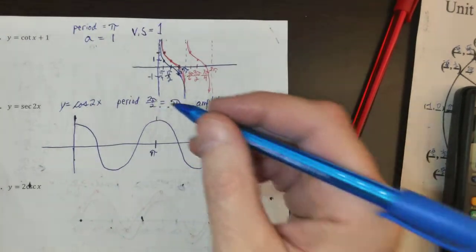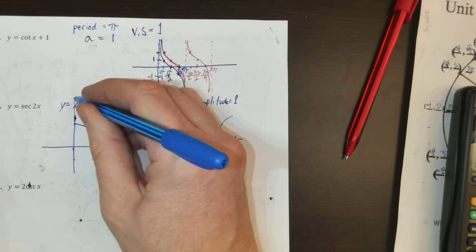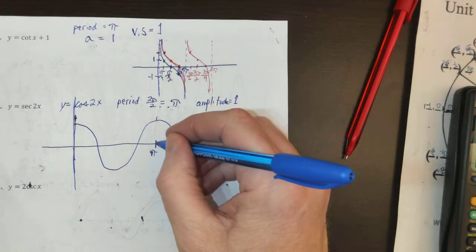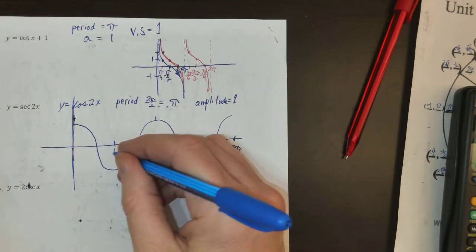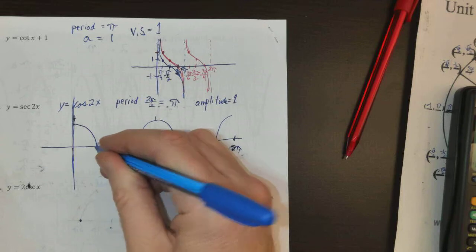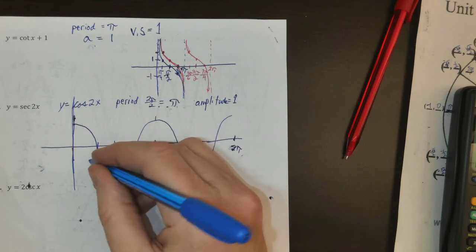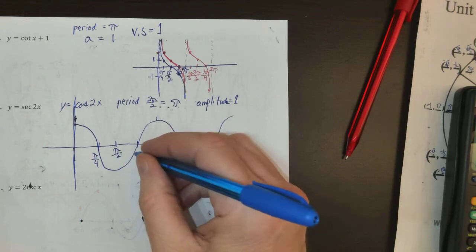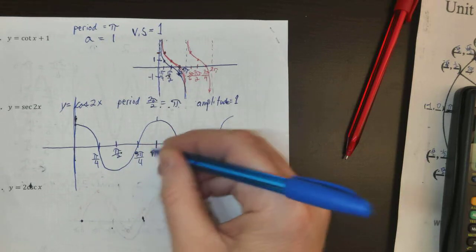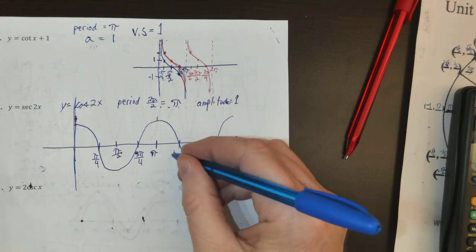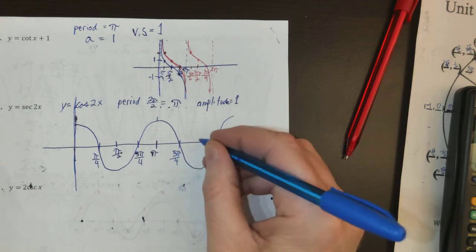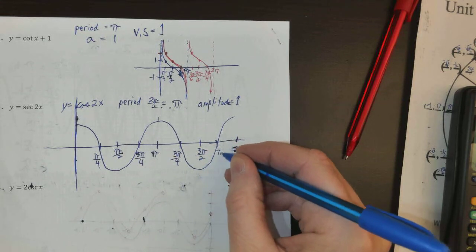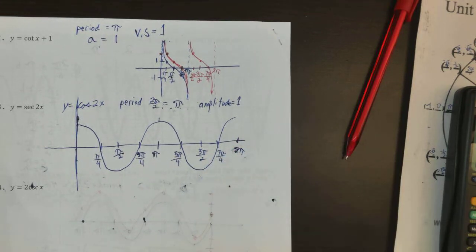I should have left more room on top. This is pi over 2. This is pi over 4. This is 2 pi over 4, this is 3 pi over 4, 4 pi over 4, 5 pi over 4, 6 pi over 4, which is 3 pi over 2, 7 pi over 4, and 8 pi over 4, which I wrote as 2 pi.